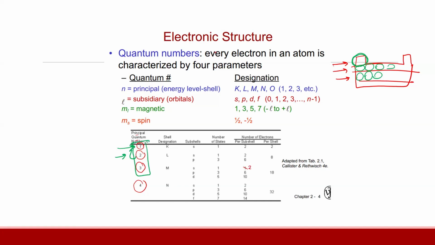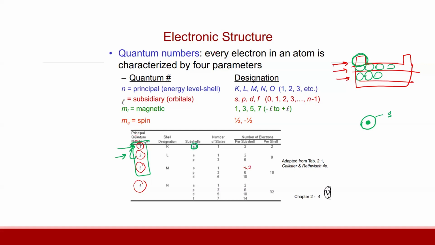And also these shells have subshells. So if you consider the first shell around the nucleus, this one has just one subshell that we call the subshell S. We need to remember these names, subshells, SPDF.